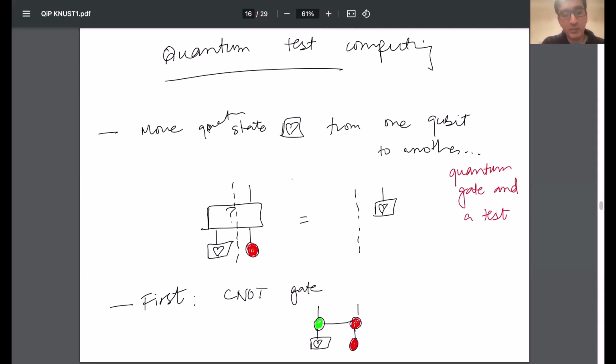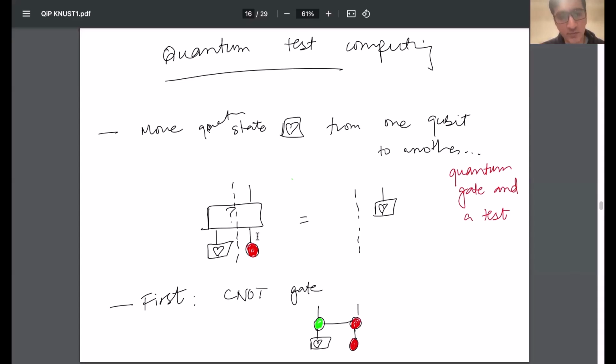In circuit-based quantum computing, you have quantum states, you apply some unitary operations, and then you perform measurement at the end. In quantum test computing or measurement-based quantum computing, you apply measurements in a particular order, and the order of the measurements determines the computation that is performed.